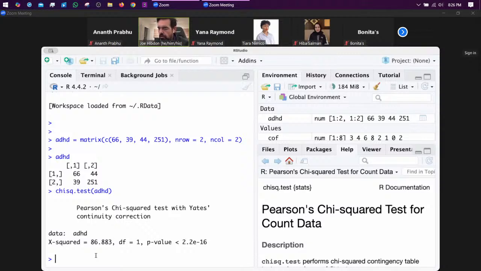We reject the null hypothesis with, and I'm going to put in the p-value here, that is less than 0.001. You can put in what the real p-value is, but it's just small. It's basically 0.